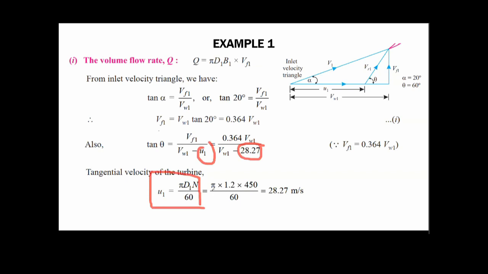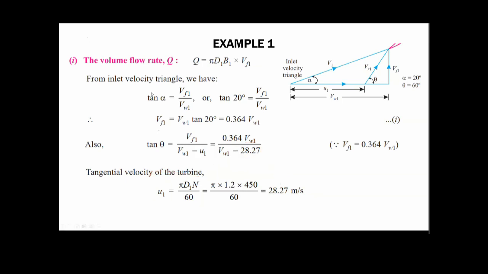We know d1 and we know n, and we get U1 equal to 28.27 meter per second, and we plug that into this equation.